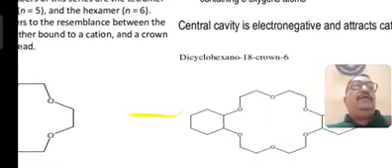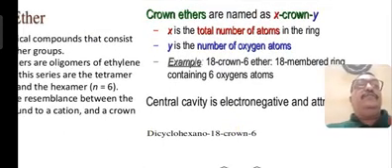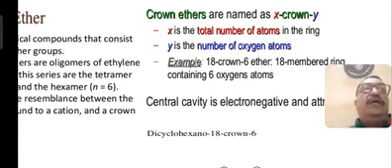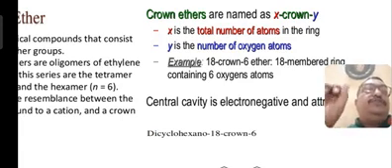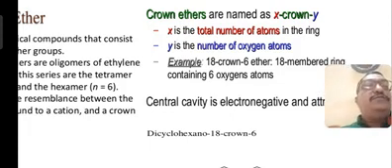Now you can see the definition. Crown ethers are named as X crown Y, where X is the total number of atoms in the ring system, carbon and oxygen, and Y is the number of oxygens present in the ring system. For example, 18 crown 6 ether is an 18-member ring and 6 is the number of oxygen atoms.